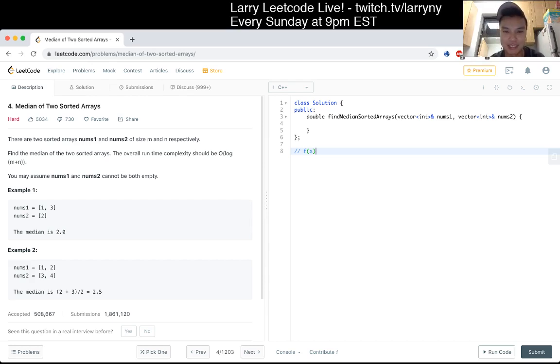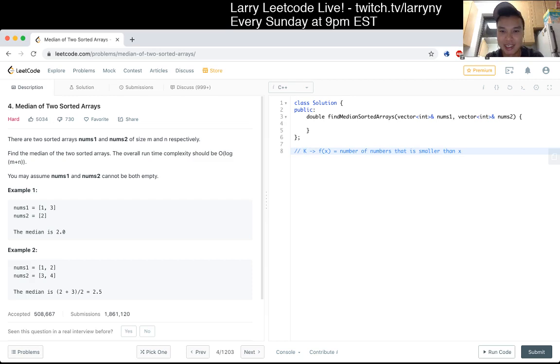In this case, your f of x, you can just do some k amount of these probes, and for x, each probe will return the number of numbers that are smaller than x. You do this k times, and then eventually you get the median.